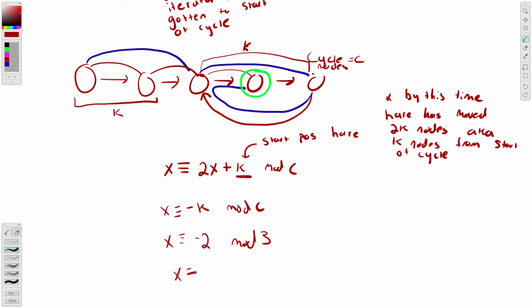Who knows what negative 2 mod 3 is? So it's kind of like going in reverse the cycle. So negative 2 mod 3 is positive 1 mod 3. I should put these at 0, 1, 2. So it did get the position correct. It's right there.